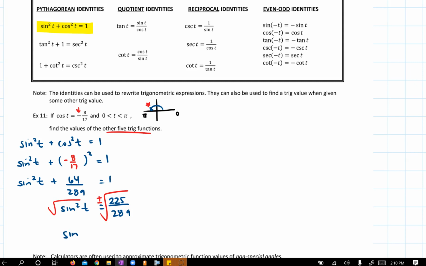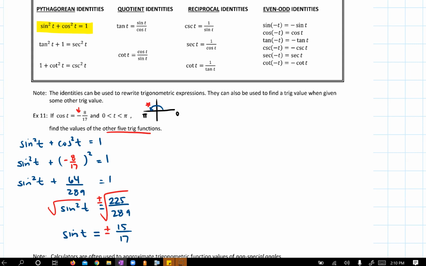This is going to leave us with sine of t equals plus or minus, and now hopefully we have some perfect squares. The square root of 225 looks kind of familiar. That should be 15. And the square root of 289, I believe we found that earlier, that's 17.